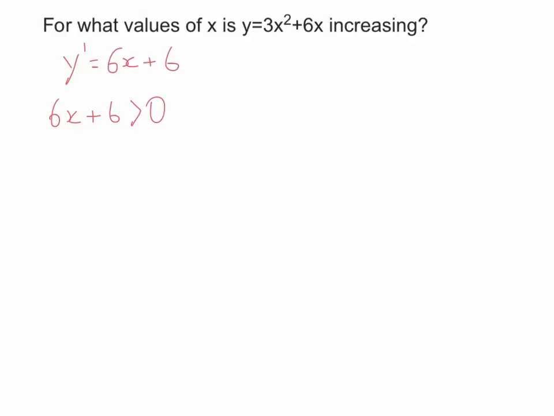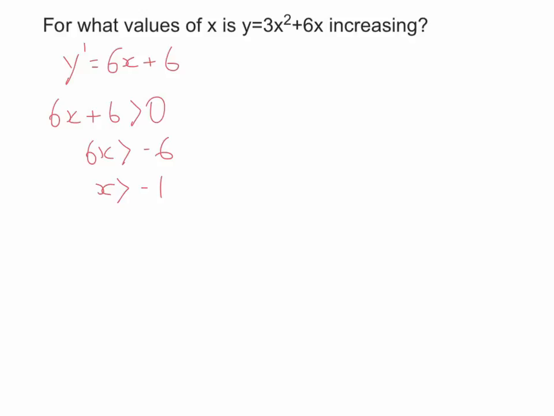Or I'm going to say 6x is greater than negative 6, or x is greater than negative 1. So for any value bigger than negative 1, my function here is increasing. So that means for any value bigger than negative 1, I'm going to have a positive gradient on that curve.